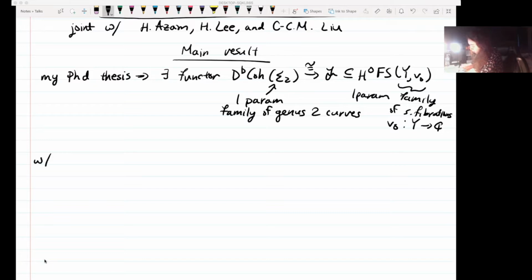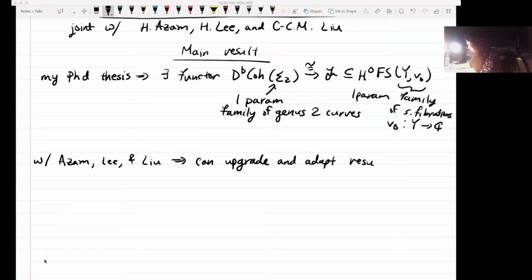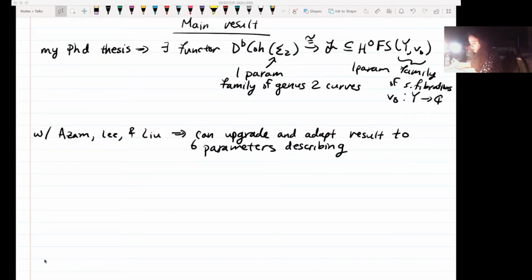So in my joint work with Azam, Heather Lee, and Melissa Liu, what we're doing is we upgrade this result and adapt it to apply to all full 6 parameters of the moduli space of genus 2 curves, varying the complex structure.